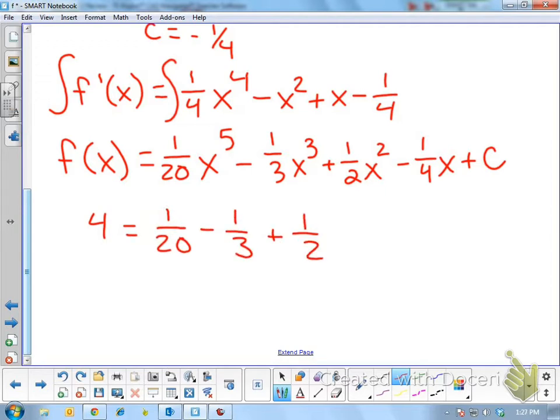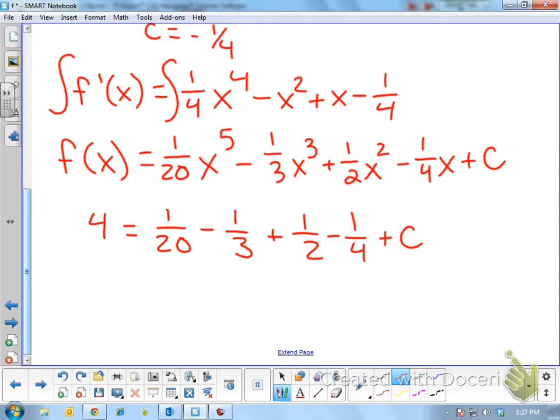I'm not even going to bother writing in the 1 because 1/4 times 1 is 1/4, 1/2 times 1 is 1/2. So we do have a lot of fraction work here. If I were not doing this with my calculator, just to practice, because sometimes they do have you do some pretty intense fraction work by hand.